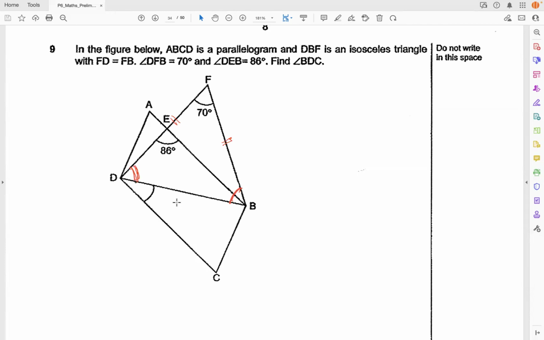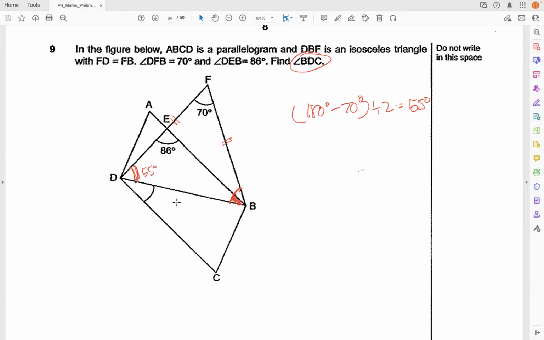So let's find out what this angle is first. This is 180 minus 70, then divided by 2. You get 55. So this is 55 degrees. Now the question is asking for angle BDE, which is this angle.